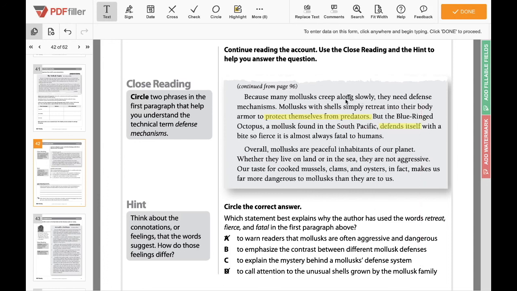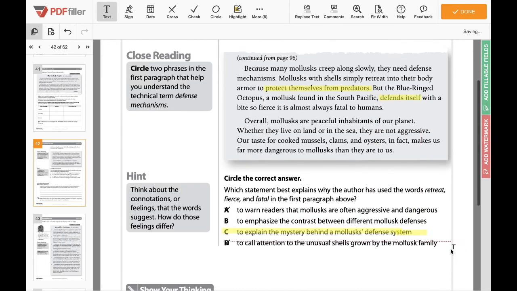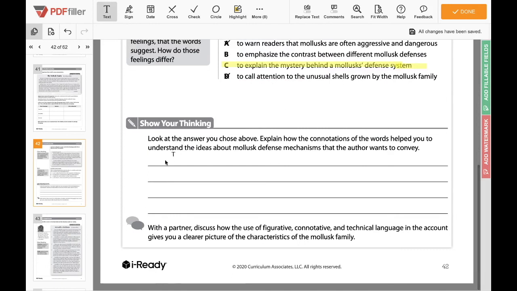Even though she does mention two different types of defense mechanisms here, she's not really comparing and contrasting them, right? She's just telling us about two different kinds because she's trying to explain how the mollusk defense system works. So our correct answer is C. Because all she's really trying to do is just explain how their defense system works.